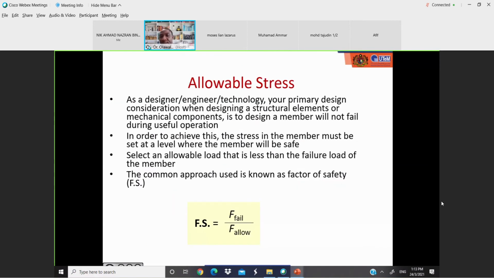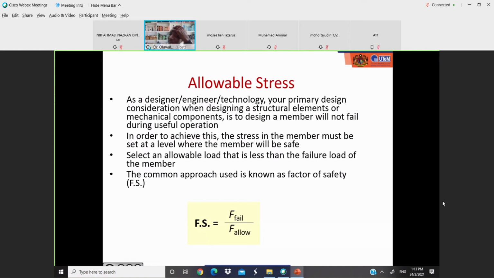As a designer or engineer, your primary design consideration when you are designing any structure is for the structure not to fail when it's in use. And in order to achieve this, the stress level in the member must be set to a level where the member is safe.